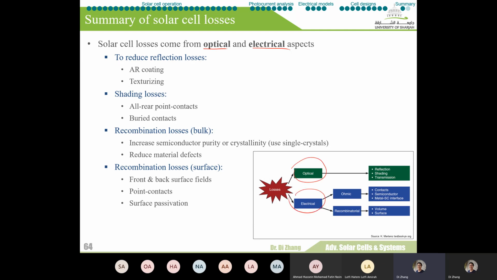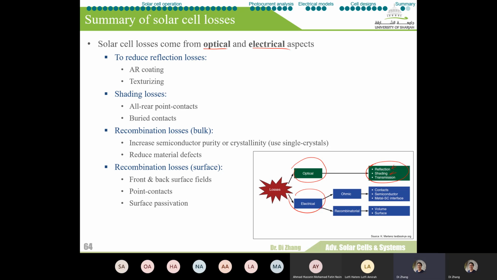We have the graph here to help you with the understanding. For the optical losses, what kind of losses may we encounter? That will include the surface reflection losses. Some of the light you simply cannot absorb; it will be reflected away from the surface. And then we also have the shading losses.